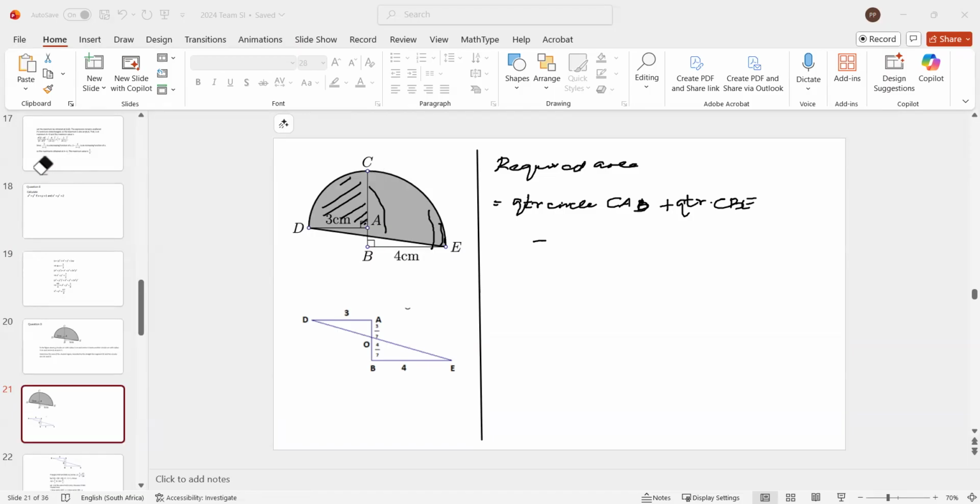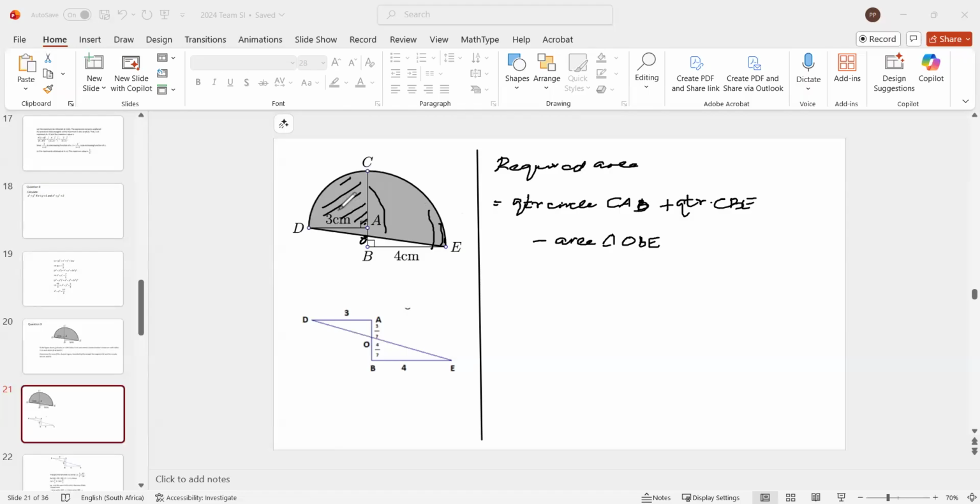I'll call this point here O. So I've taken this, which is too much. I have to remove OBE, minus area, triangle OBE, right? So that takes care of this extra part I got.